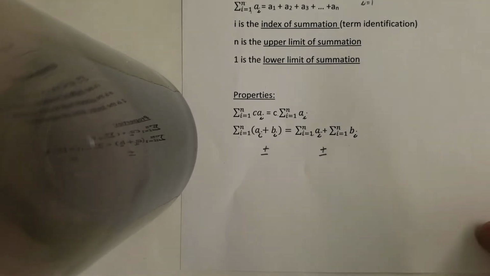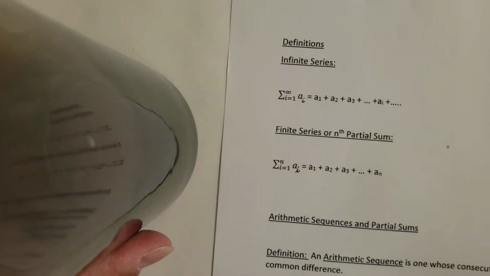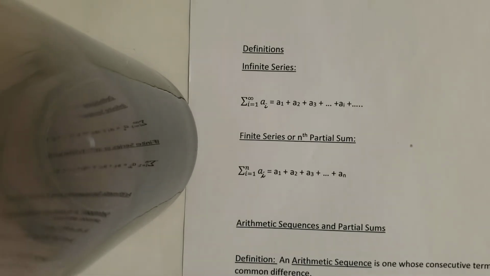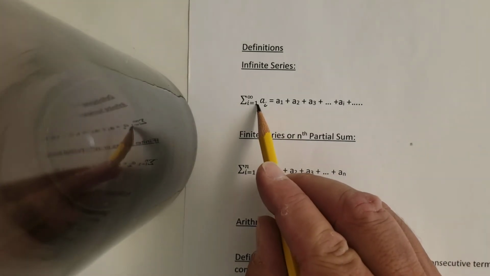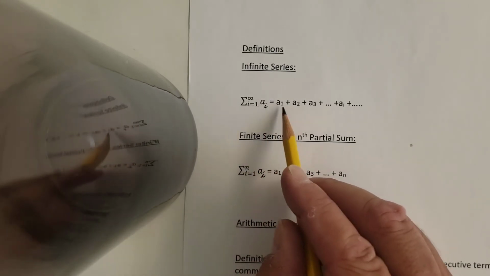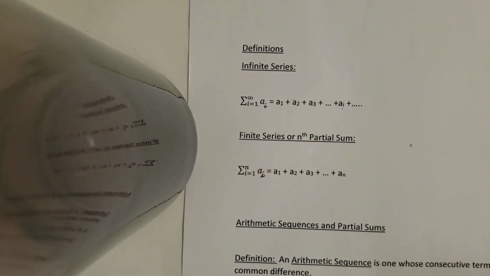Now, moving on to do a little more work, I'm going to define an infinite series. Now, the infinite series, you'll notice, starts with 1 and goes to infinity, hence infinite. You have a sub i of your first, second, third, to i, and on and on and on, and it just keeps going forever, okay?